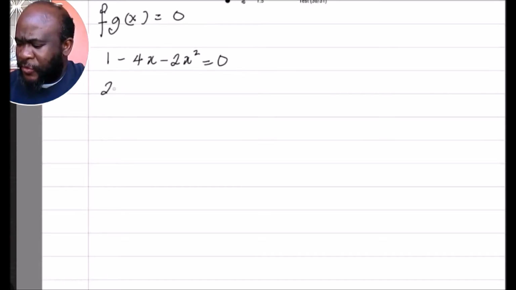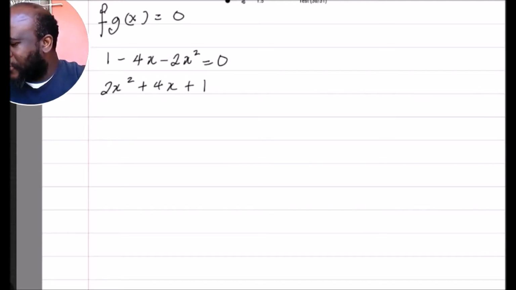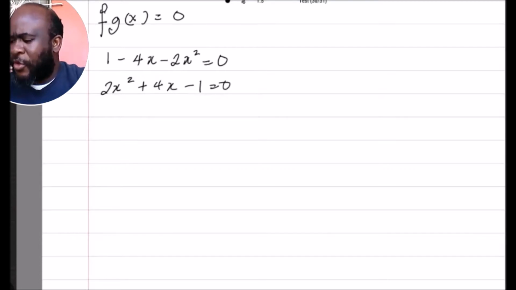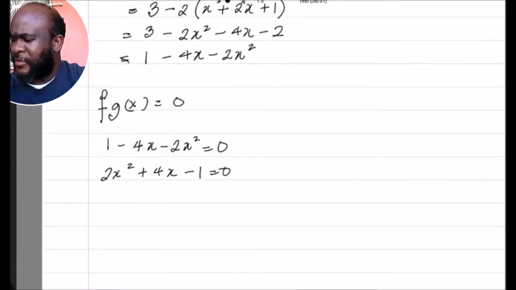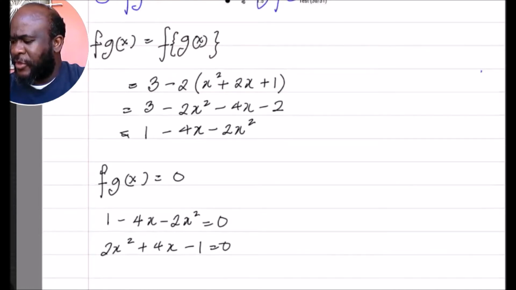So you would end up with 2x squared plus 4x minus 1 is equal to 0. All I did there was multiply the entire equation by negative 1, so negative became positive, positive became negative. Can I factorize this? This looks like something that can't be factorized. Two factors of minus 2 to give me 4. I don't think this can be factorized.